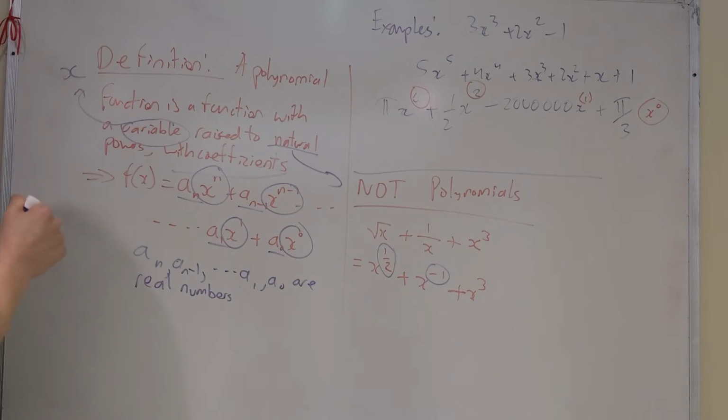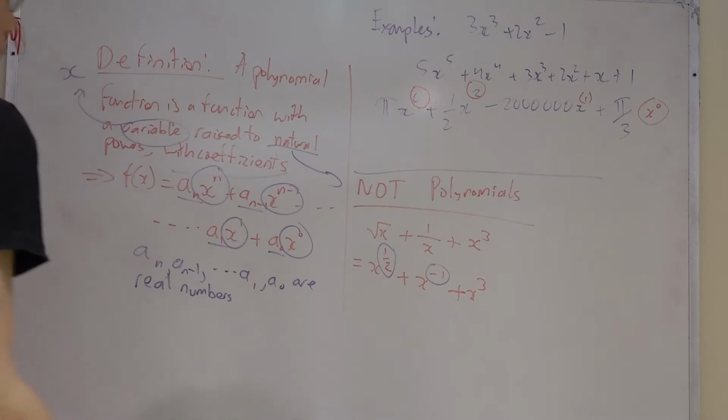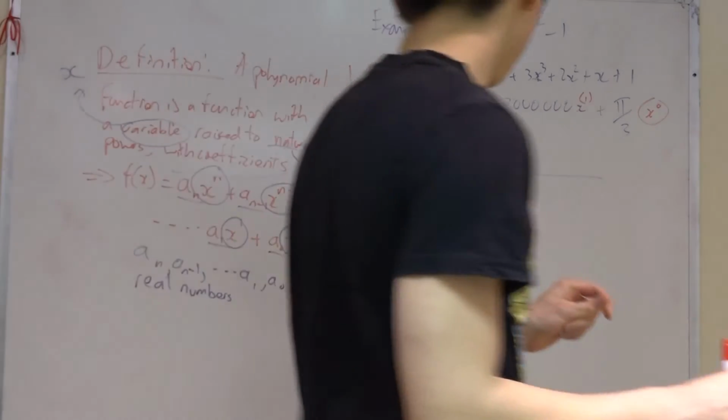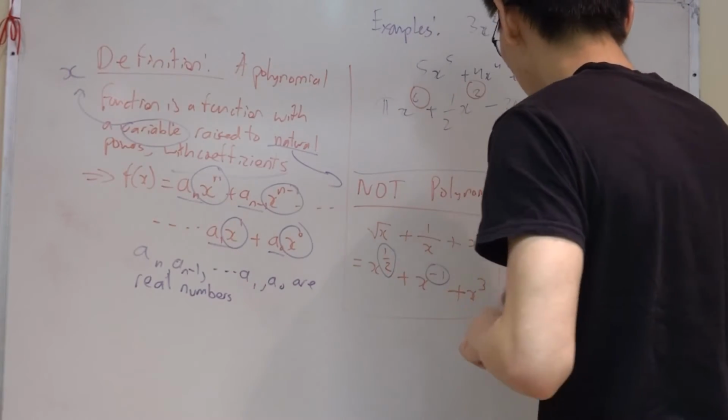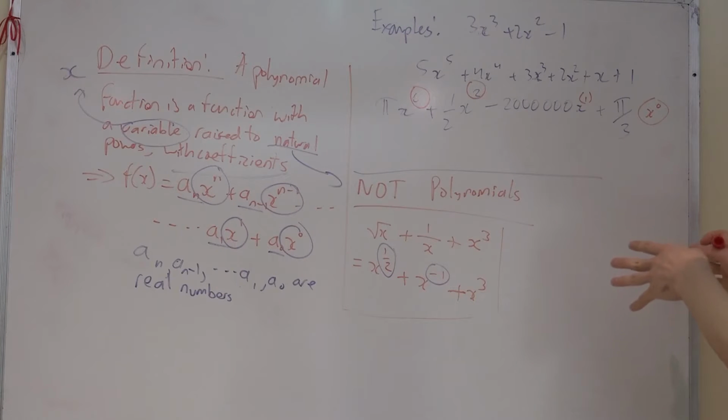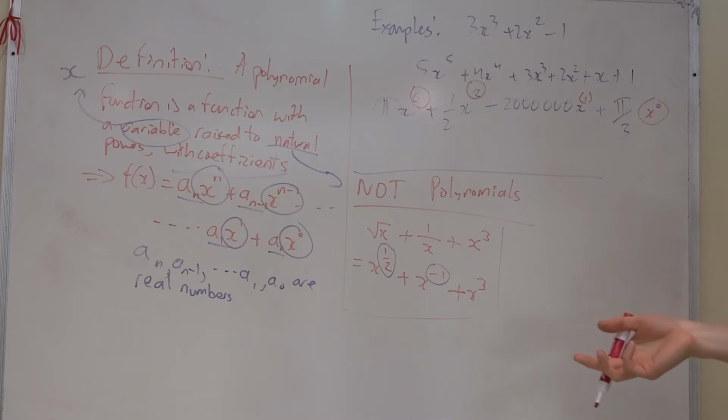Okay? Here's another non-example. And that would be this. And this example and the next one I'm going to show you, those two together combine most of the misconceptions about polynomials. So once you've got these ones, you're pretty much good to go. Okay?